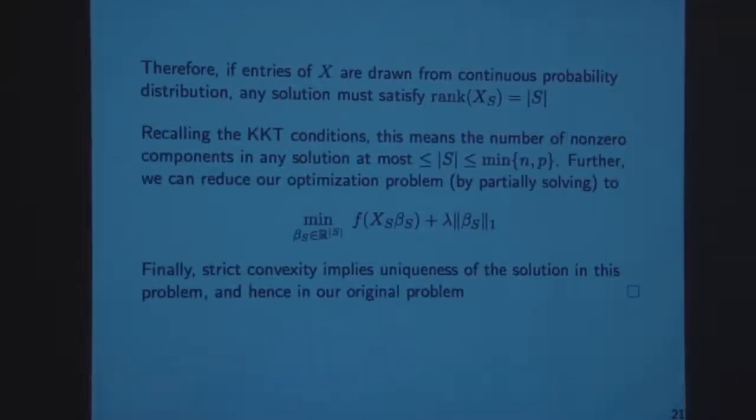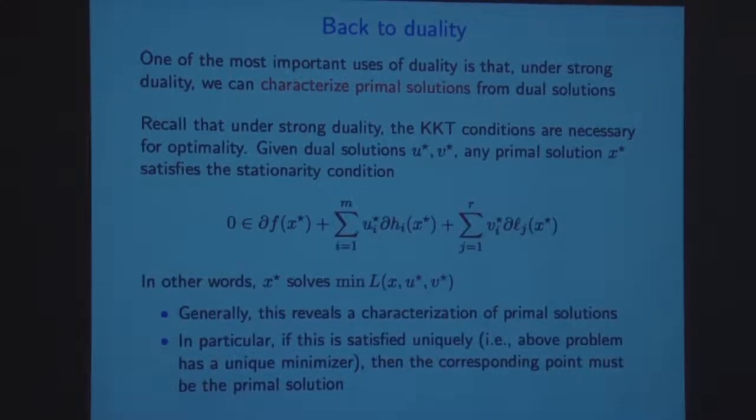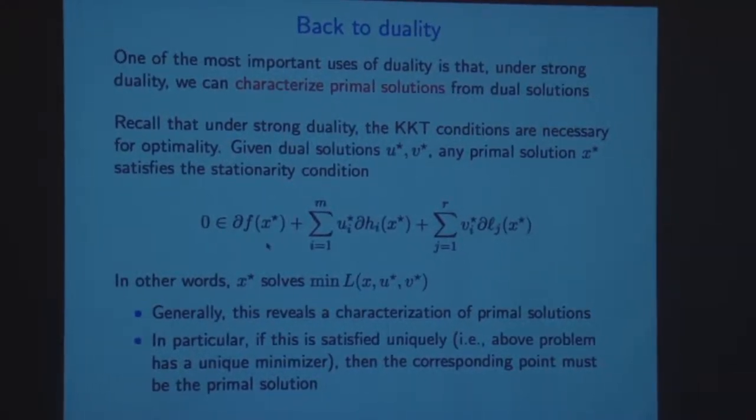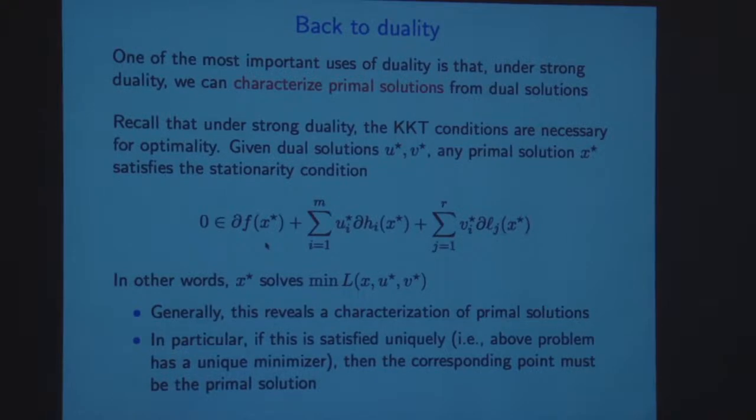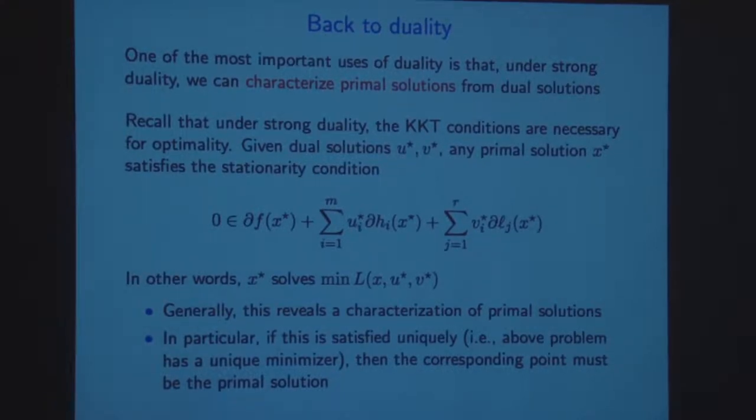If we ever solve the dual and we have strong duality, then we can write down the stationarity condition, and that characterizes the primal solution exactly. And we're going to see next time that in many instances, because the dual has complementary structure, the dual is going to be easier to solve than the primal. It could be harder too, right? It just depends on the problem. But in any case, we can always characterize primal solutions in terms of dual solutions via this relationship.